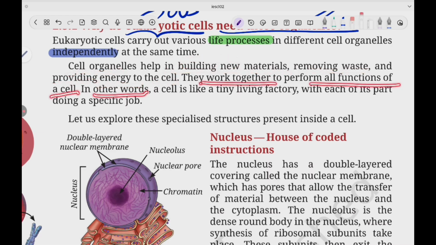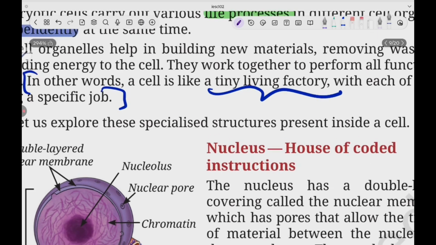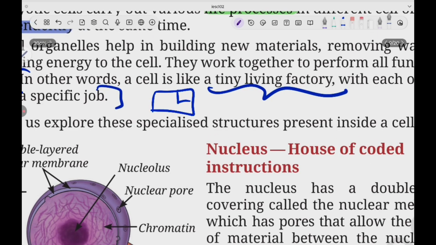In other words, a cell is like a tiny living factory, with each of its parts doing a specific job. NCERT has given a very nice example this time. Inside a factory, different people do different things.